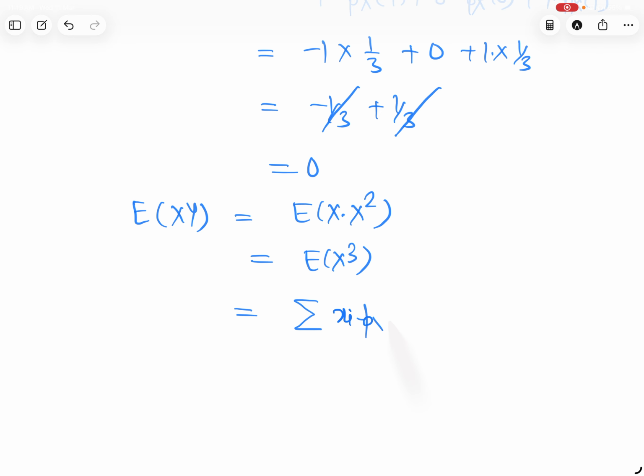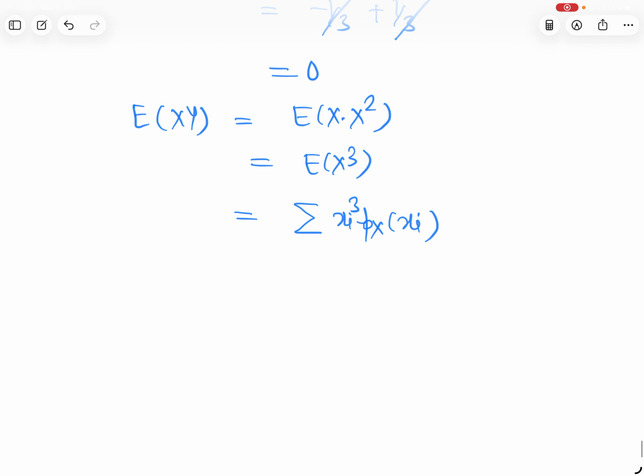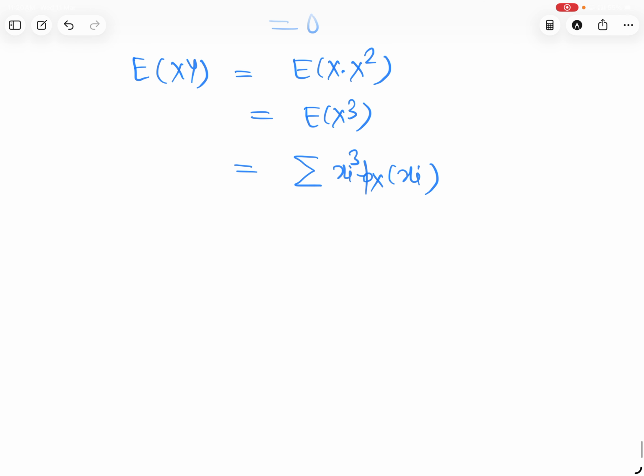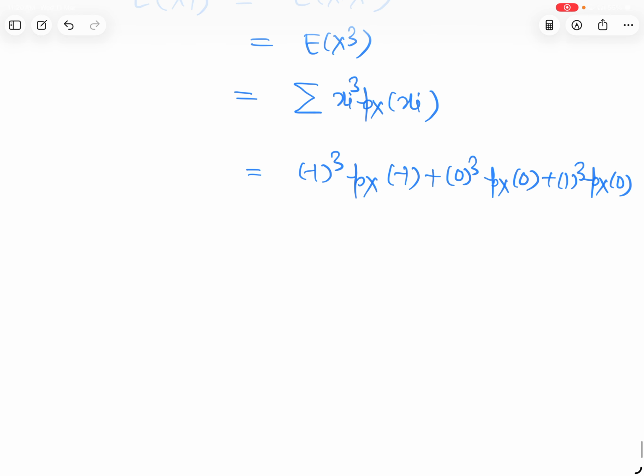Summation of xi cube P(xi). So this will be minus 1 cube P(X = -1) plus 0 cube P(X = 0) plus 1 cube P(X = 1). This becomes 0 because it cancels out, and 0 cube is 0. So this is 0.